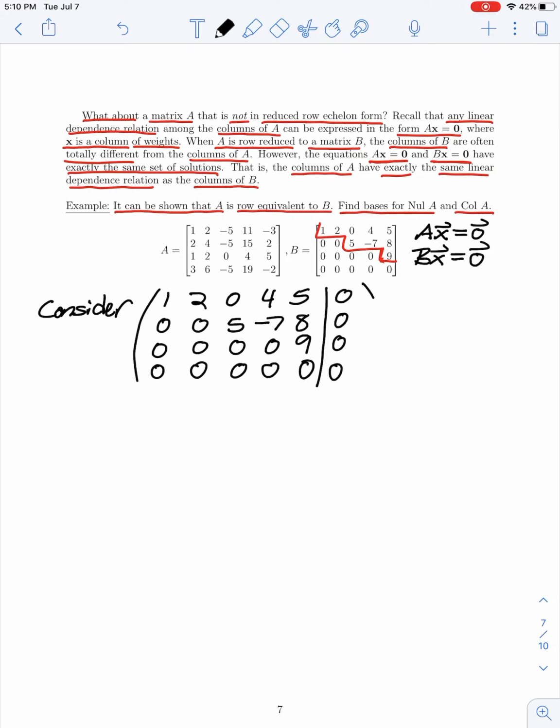Augmenting that with the 0 vector, if we perform row reduction on this a little bit, we can see that we have a 1 as our lead entry in the first row, zeros below it. Our lead entry in the second row is a 5, and we have zeros below it. We just want to make that lead coefficient a 1. And in the third row, our lead coefficient is a 9, which we want to be a 1.